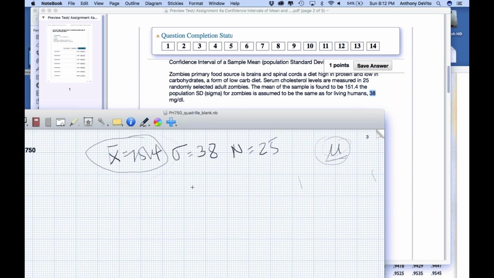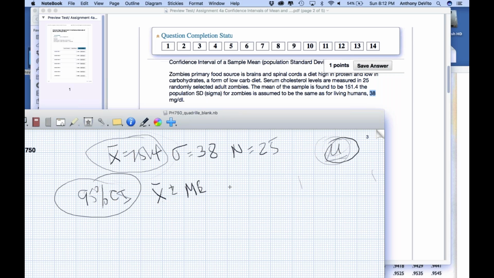Okay, so we're going to calculate our confidence interval by saying it's going to be equal to x bar plus or minus some margin of error that we're willing to accept. And we're going to say that we're 95% sure that the true mean is within that range of numbers, which is going to be the margin of error subtracted from x bar and the margin of error added to x bar.